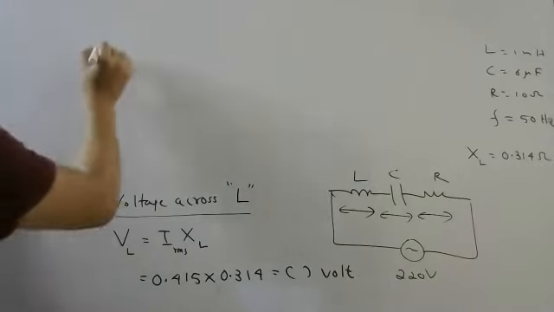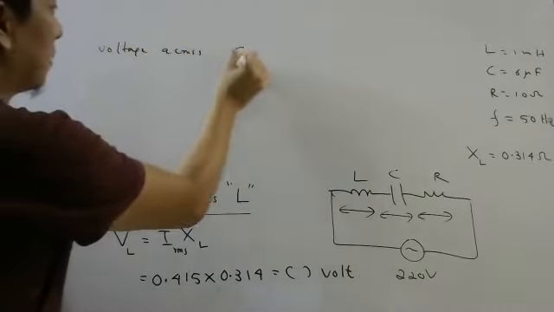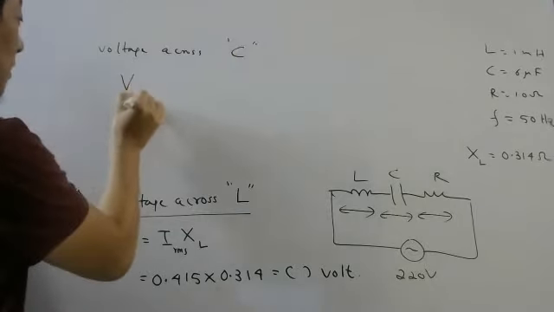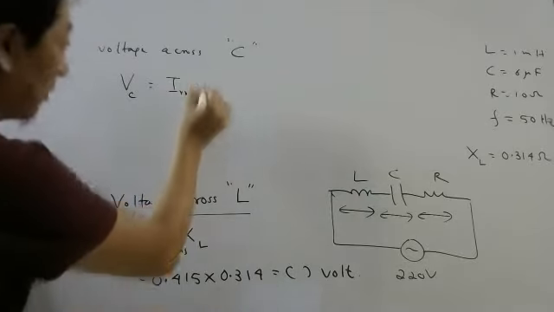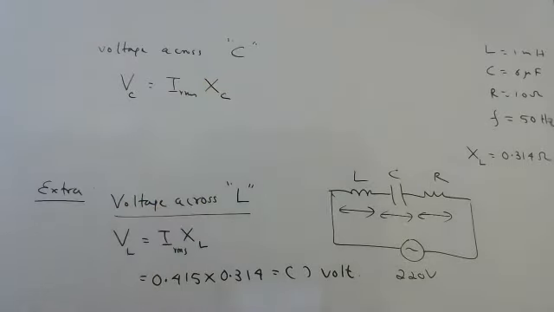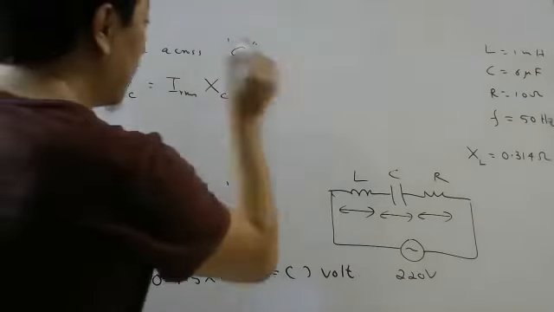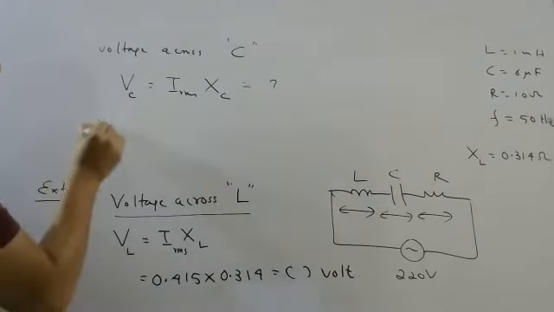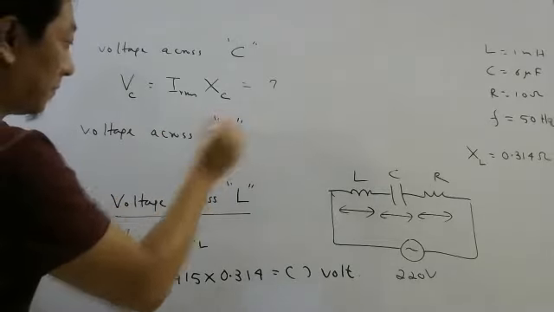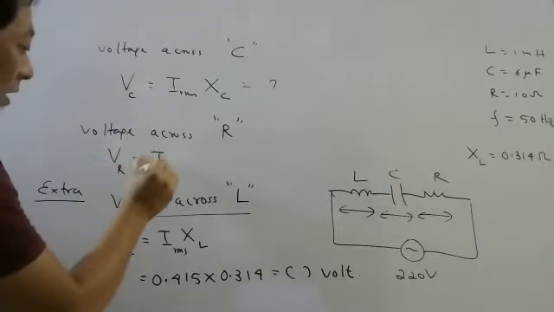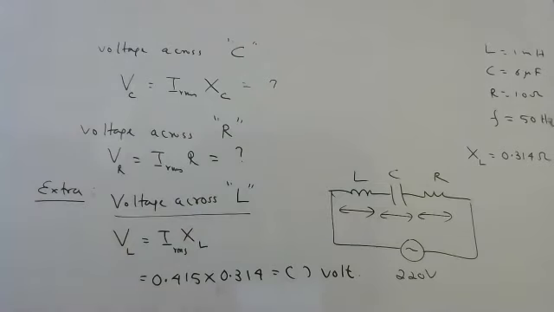Then they can also ask you the voltage across the capacitor, VC. You use the same formula, only XL is replaced by XC. Both values we have calculated, so you can do it yourself. The last thing is the voltage across the resistor, VR, is IRMS into R. All these values you calculate yourself.